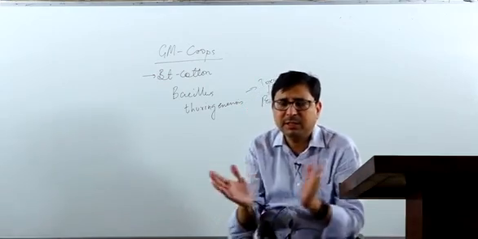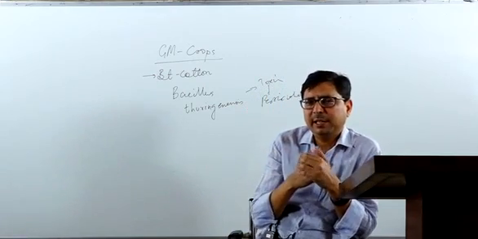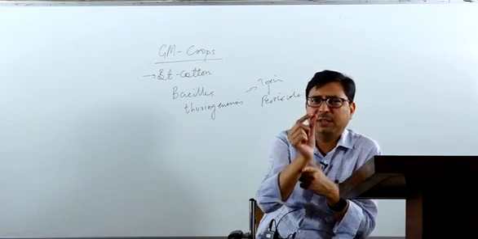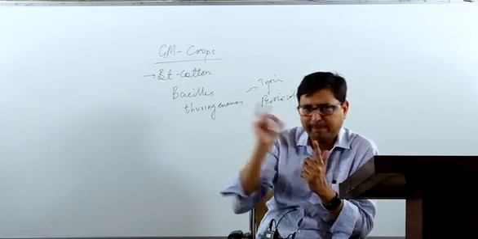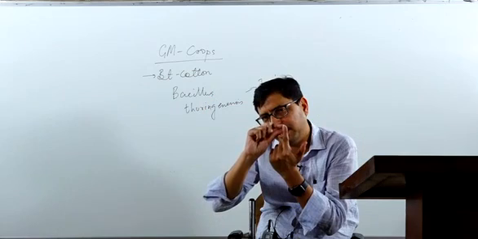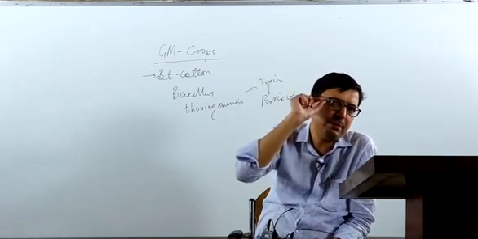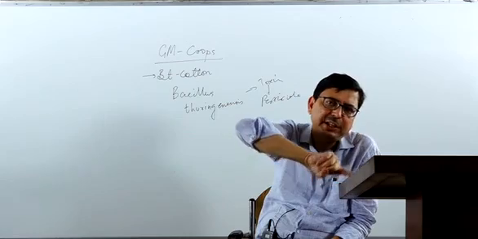Okay, this is how it used to work. But with modern biotechnology, it became possible to transfer the gene from one species to another. So what we did, we took out a particular piece of the DNA of the bacteria. We extracted the gene from the bacteria and transferred that gene into cotton.